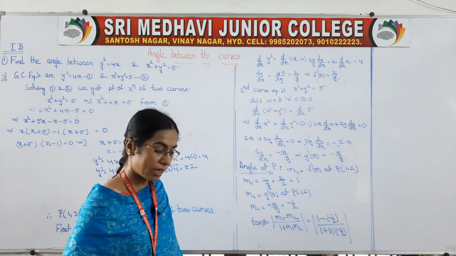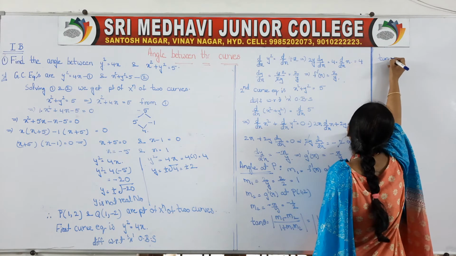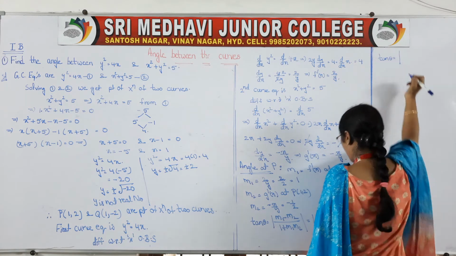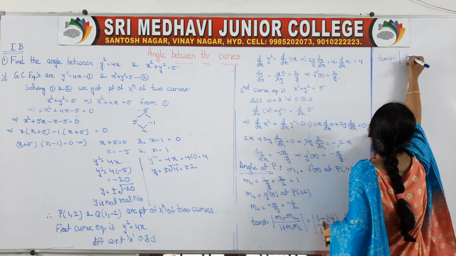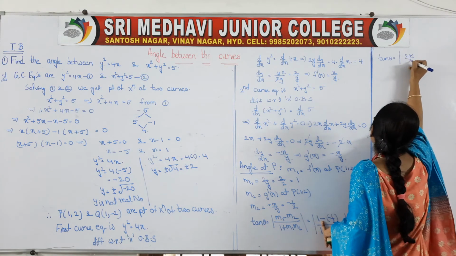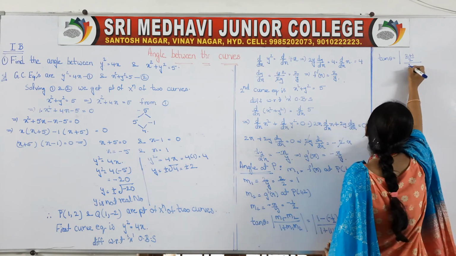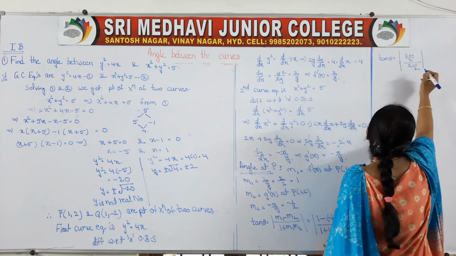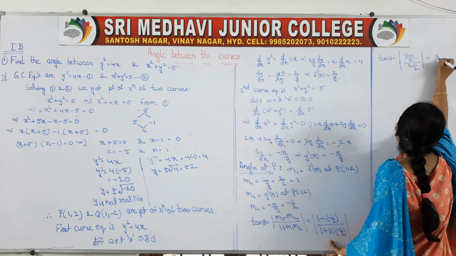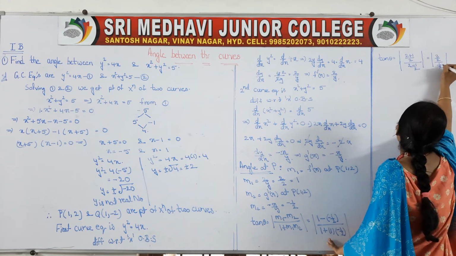Okay, this is your tan theta. So tan theta is equal to modulus of minus plus. So it is 2 plus 1 by 2 by, what is this? Minus, right? 2 minus 1 by 2. Okay, so is equal to 3 by 2, 1 by 2. This is the answer.